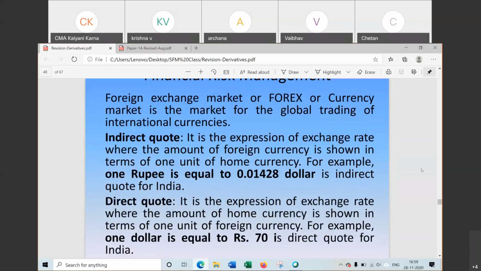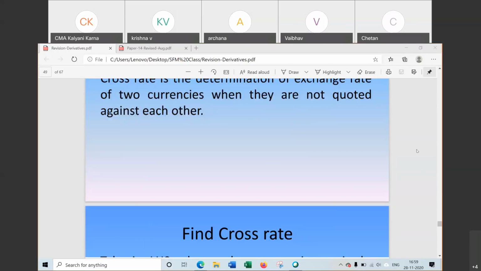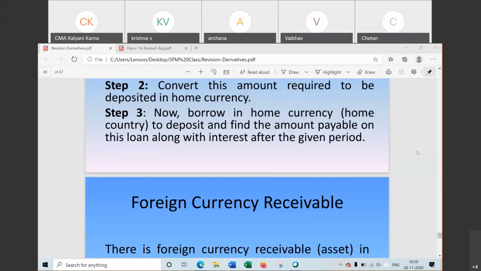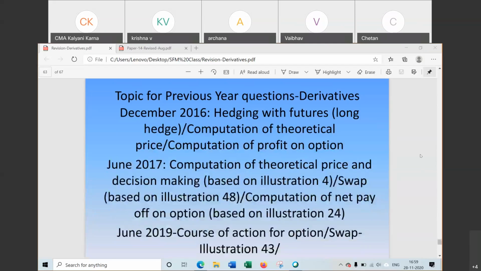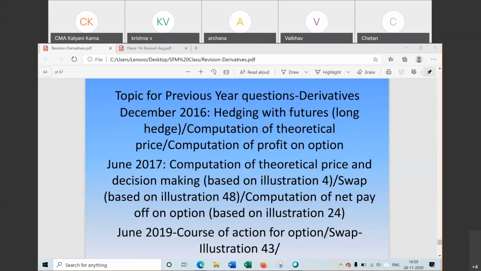First, now let us discuss about the questions that have been asked so far from this chapter 10. Type of question that is being asked from chapter 10. Derivatives. December 2016, hedging with future. Question based on hedging that has been asked in December 2016, and that hedging is long hedge and short hedge. जो question आपको June 2018 का we had discussed in the class, based on that question itself.